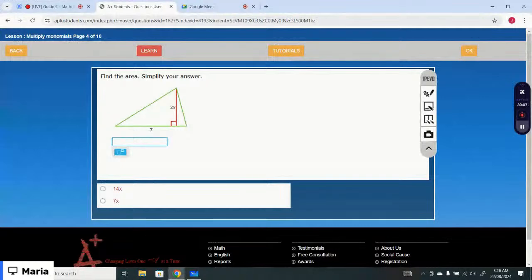So when you solve, the correct option is... yes, that is half times base times height. So yes, you are left with 7x. Option number 2 is the correct option.